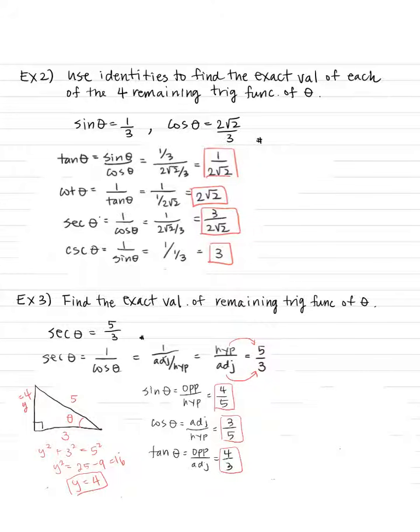And the next one is what? Cotangent. Well, cotangent is 1 over tangent. So which is what? 3/4. And secant. Secant is 1 over cosine. So which is what? 5/3.